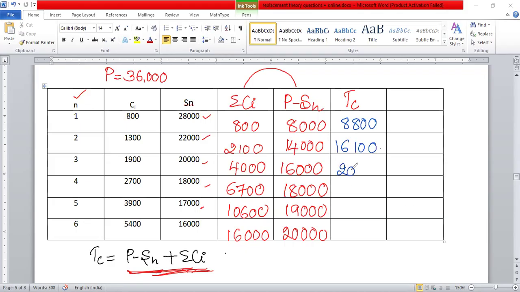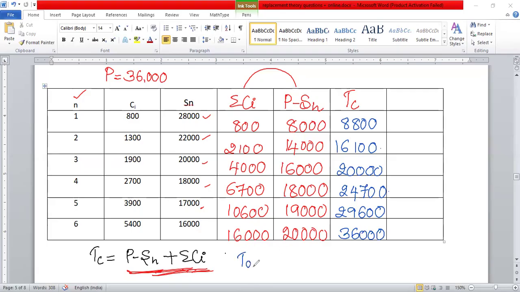Now 16,000 plus 3,900... Now 18,000 plus 6,700 is 24,700. 19,000 plus 10,600 is 29,600. Then 20,000 plus 16,000 is 36,000. Okay, the total cost is finished.